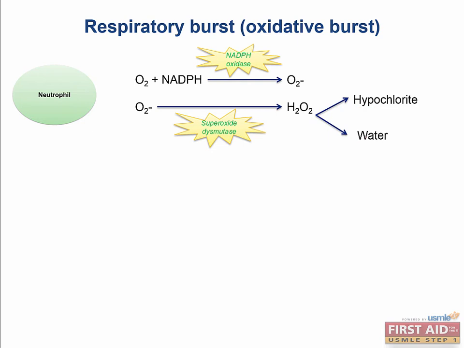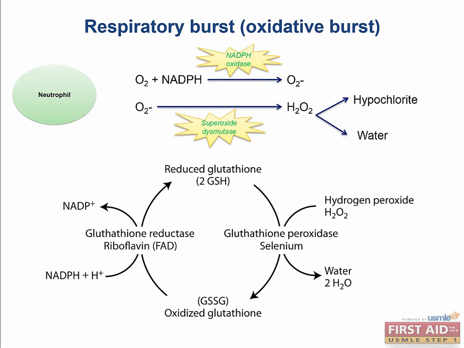Okay, so we have these potent free radicals hanging around, ready to kill and destroy bacteria, right? Well, they can also degrade and injure the host cells. So we have to degrade them, and this is accomplished through the enzyme glutathione peroxidase. So, what happens then in people who are missing this first enzyme, NADPH oxidase?